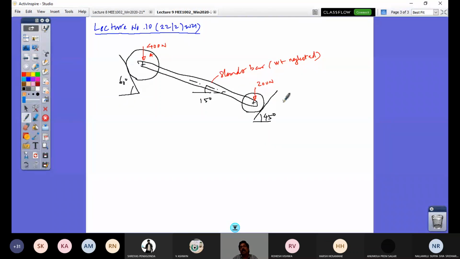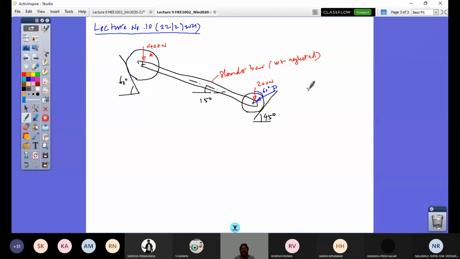For that purpose, you require an external load P at this point, at an angle of 60 degrees. Only then is it possible to maintain this 15 degrees. So you have to find out the magnitude of this force P.